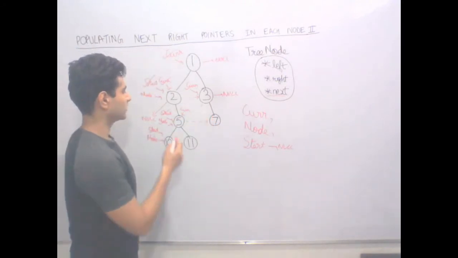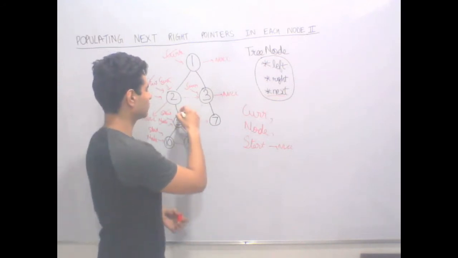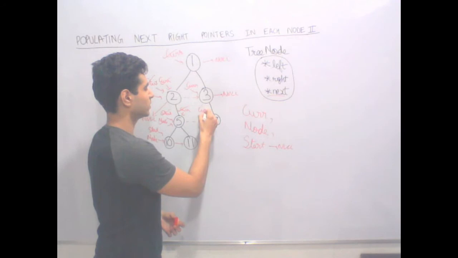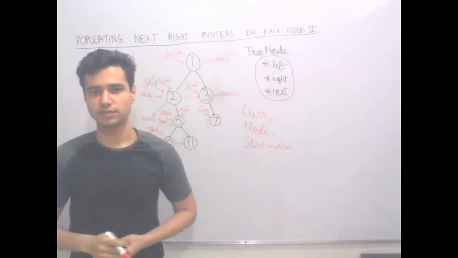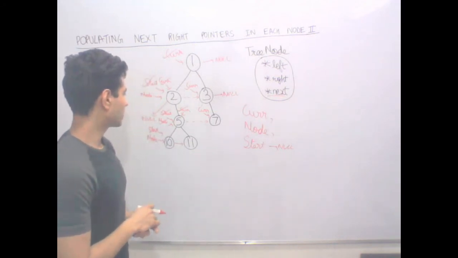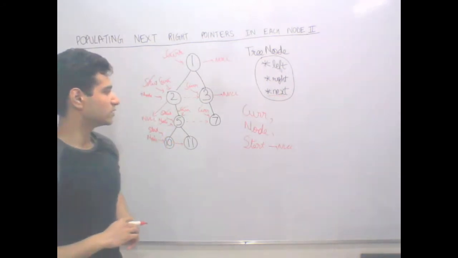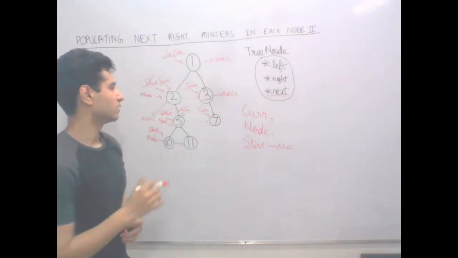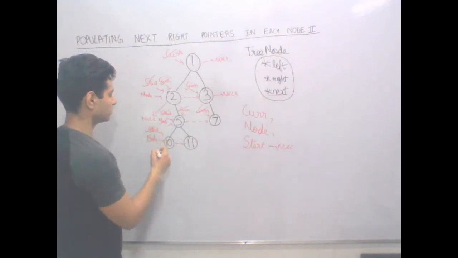And its next is already assigned to 7. So you will just move current to here. Current's left and right pointer does not exist, so we will just end this here. And start node is at 10 now, so we will move to the next level. So for this level it is done, and these are also done.